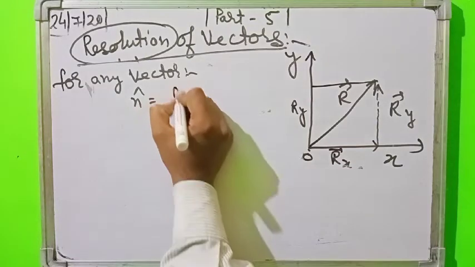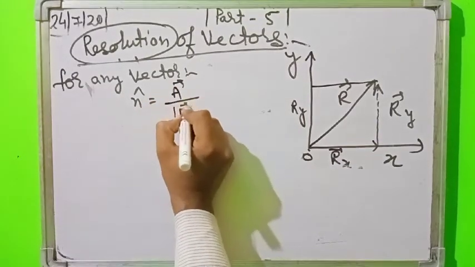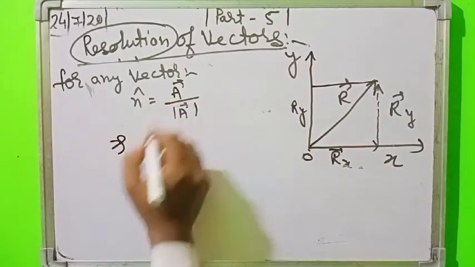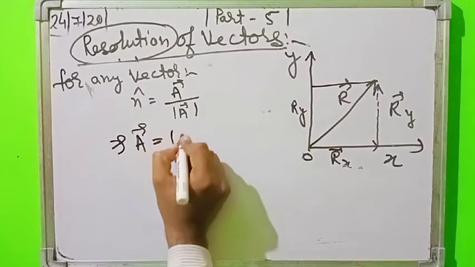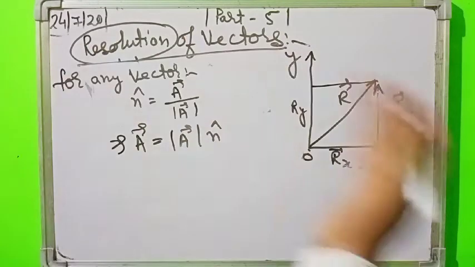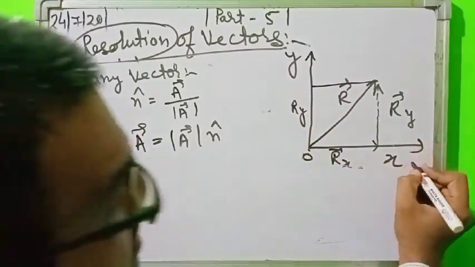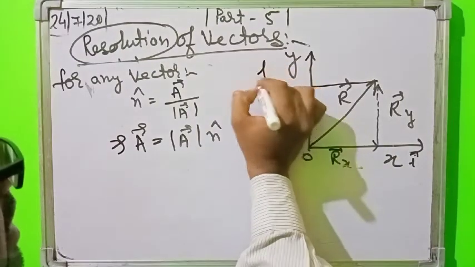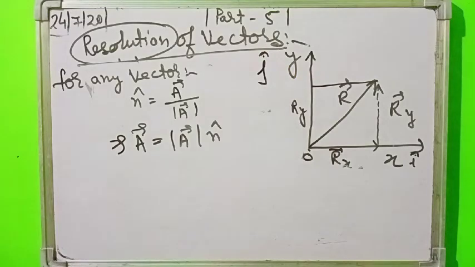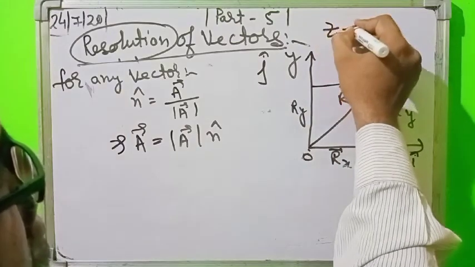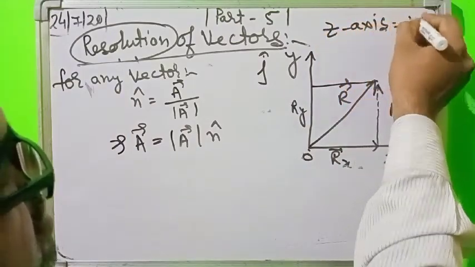Suppose there is a vector A, the unit vector for vector A is vector A upon magnitude of A, so we can write vector A is equal to magnitude of vector A into unit vector. It is conventionally taken that the unit vector along x-axis is i cap, the unit vector along y-axis is j cap, and the unit vector along z-axis is k cap.